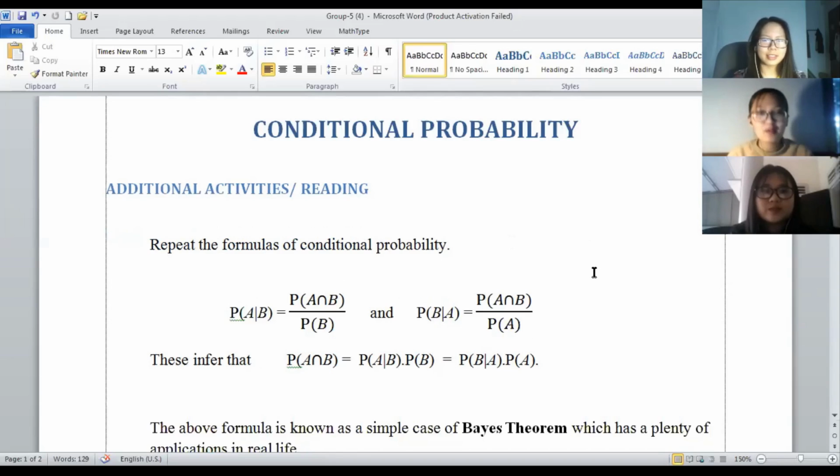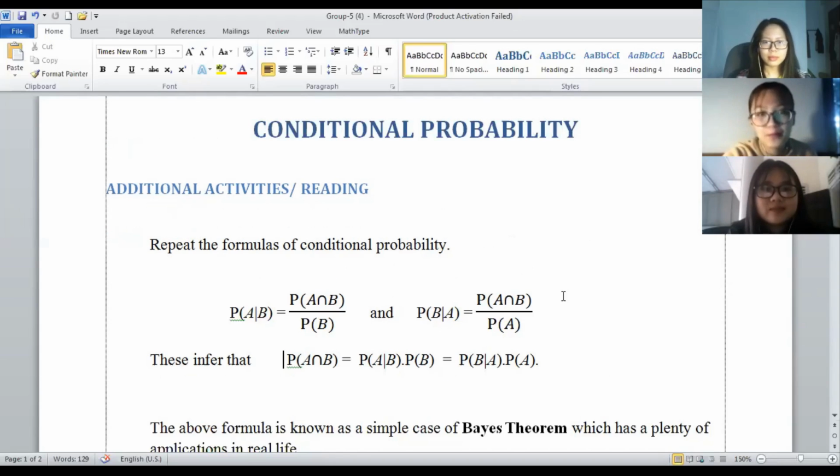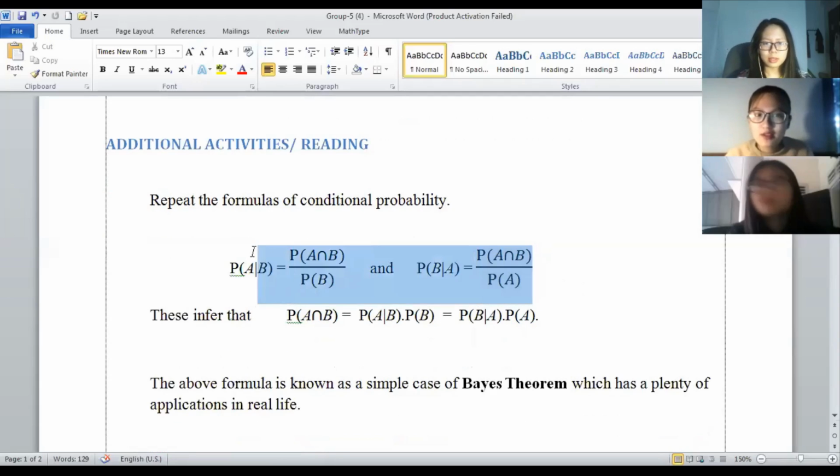Okay, so I have here for you to see the probability of A given B and the probability of B given A. Pay attention to these two formulas.